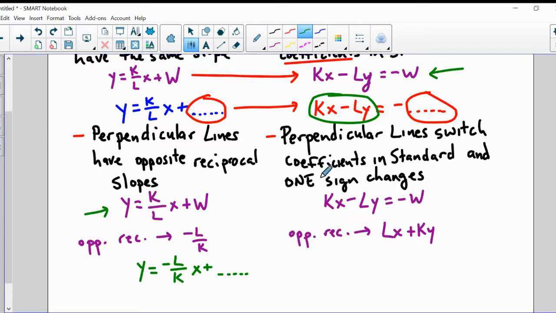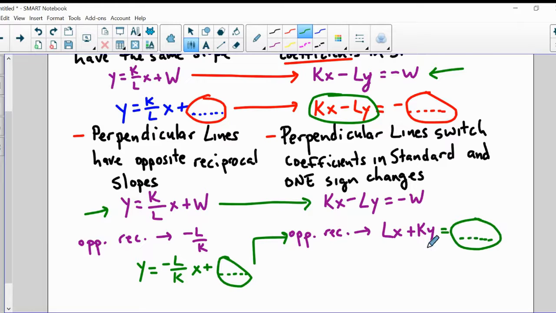So if I manipulate this green equation, I'm going to end up with Lx plus ky equals something here. Whatever's here would then get passed on to here. So perpendicular lines have their coefficients switch.